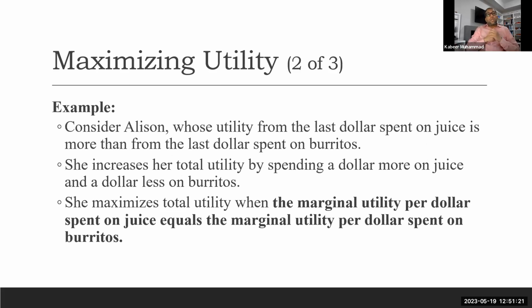So we see here Ellison, whose utility from the last dollar spent on juice is more than from the last dollar spent on burritos. Let's assume Ellison is using her whole money, whatever is available, between the two products, juice and burritos. She is going to spend on juice until the marginal utility from the last bottle of juice divided by the price of juice is equal to that of the last bag of burritos divided by its price.